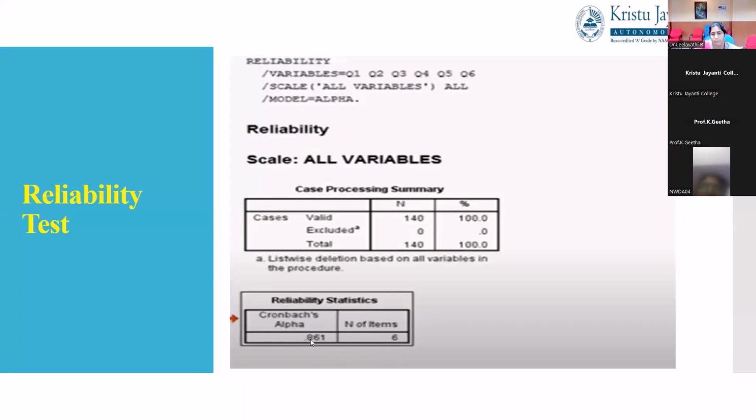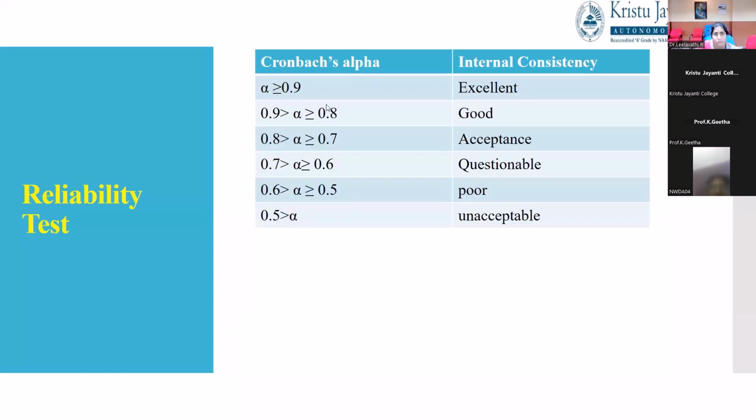You may have a doubt, ma'am, in which range is my reliability good so I can proceed to the next analysis. If your alpha value is above 0.9, it is excellent. Between 0.9 and 0.8, it is good. Between 0.8 and 0.7, it is acceptable. Between 0.7 and 0.6, it is questionable.